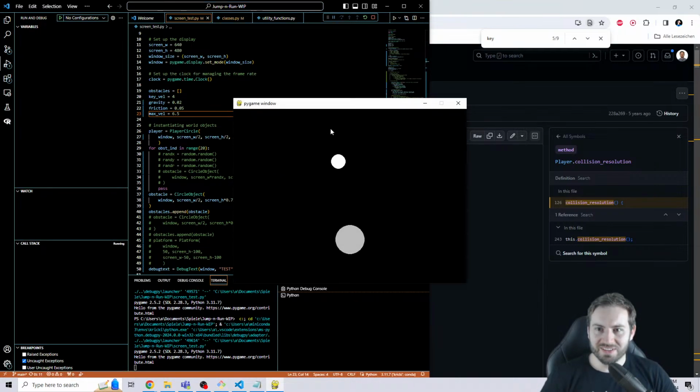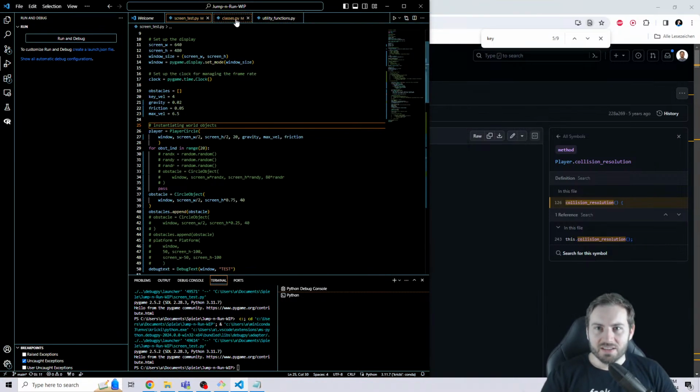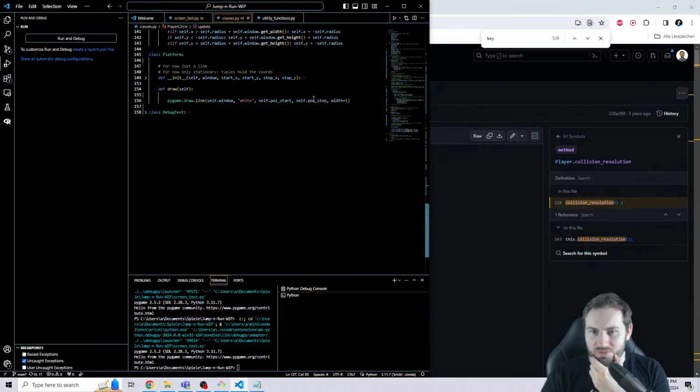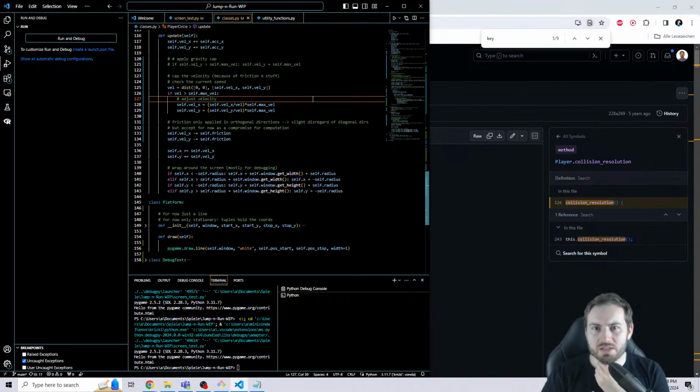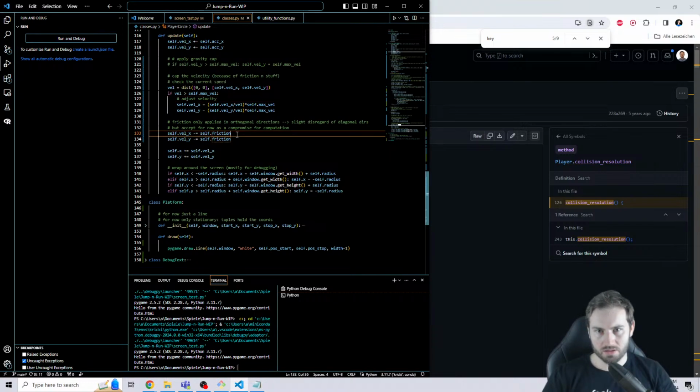Oh no. Wrong direction, wrong direction. But shouldn't it be minus equals friction? And yeah. And then of course, yeah, it shouldn't go negative.